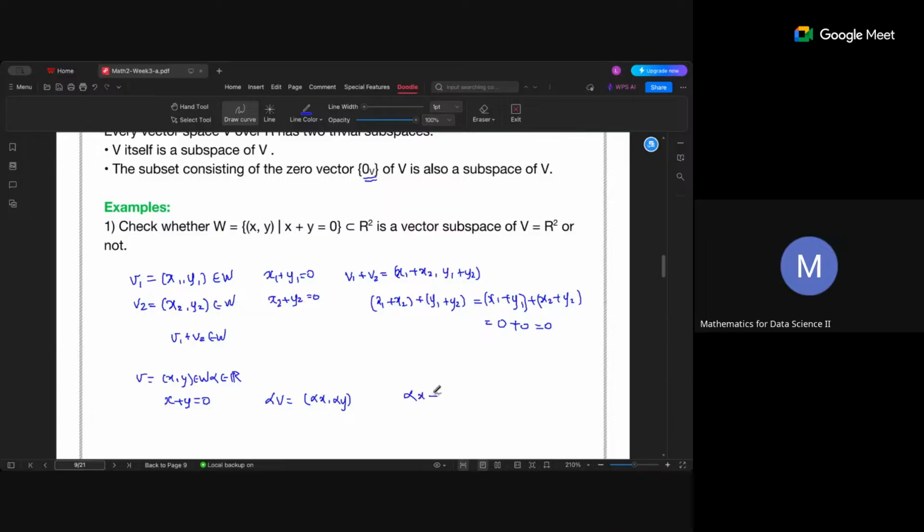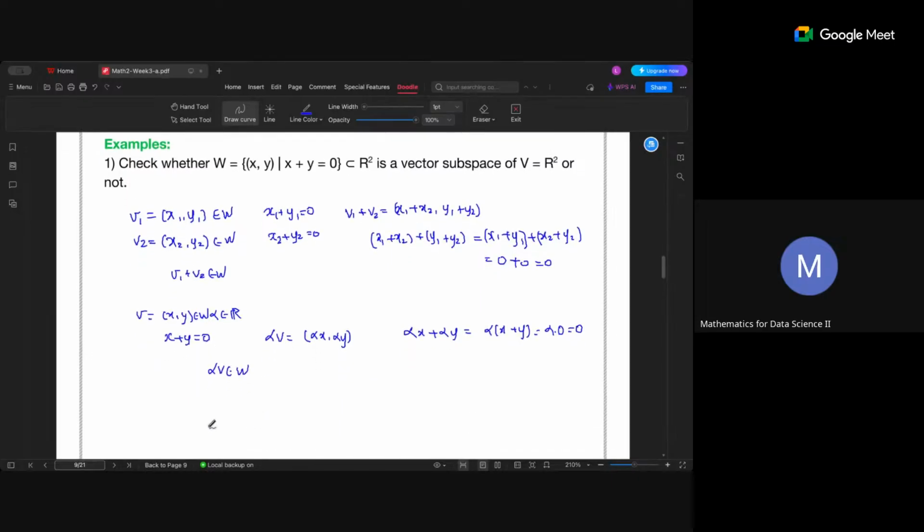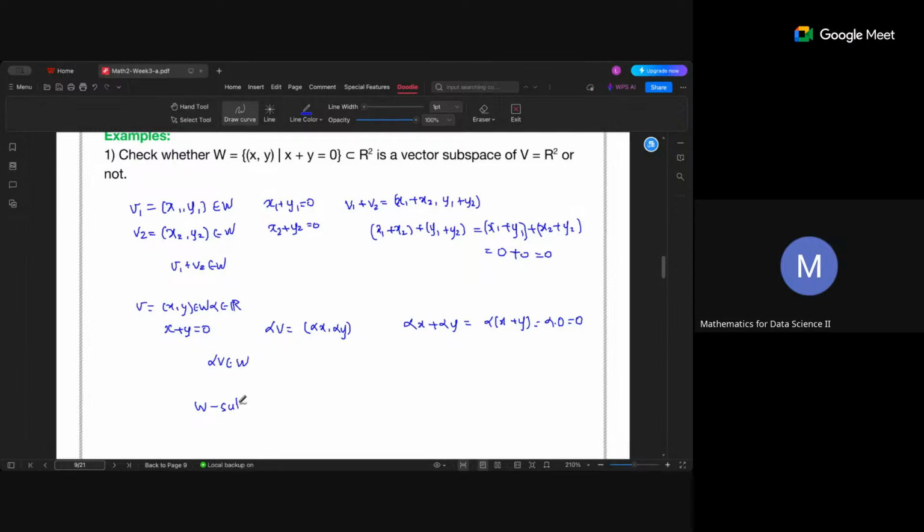So alpha x plus alpha y is alpha times (x plus y), so it is 0. So you see, again, alpha V belongs to W. So W is a subspace of R2.